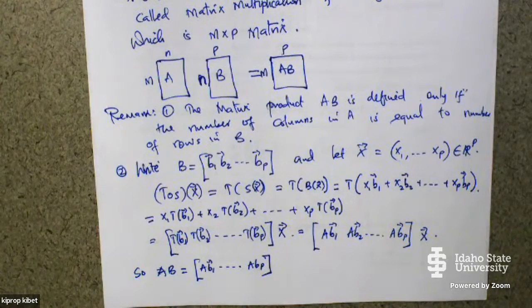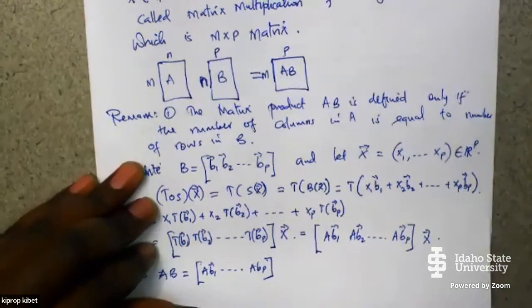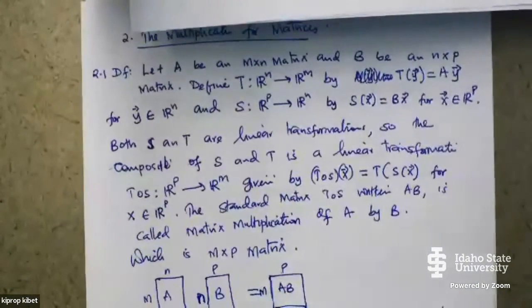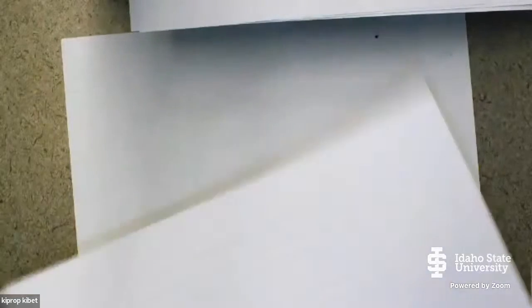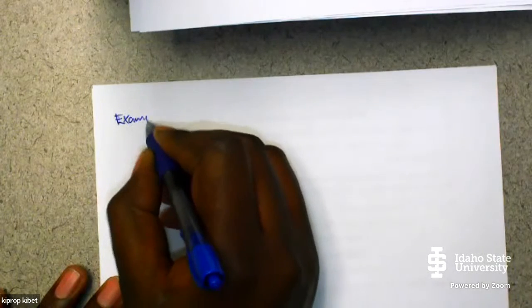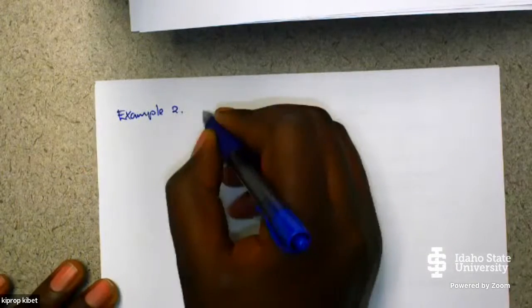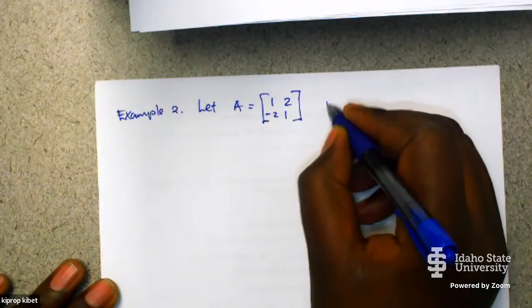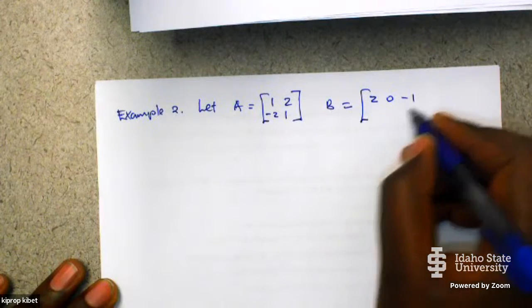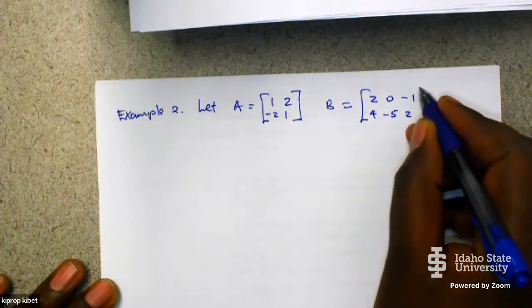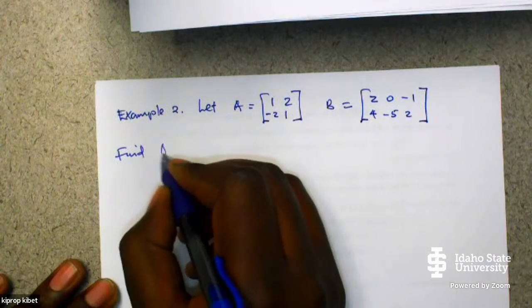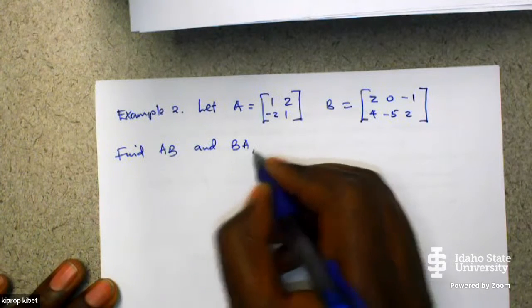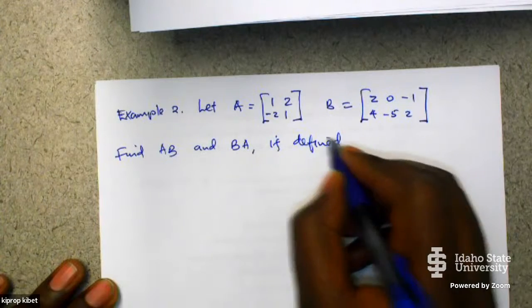Okay, let's look at example number 2. If we let A be equal to 1, 2, negative 2, 1, and B be equal to 2, 0, negative 1, 4, negative 5, 2, then find AB and BA if defined.